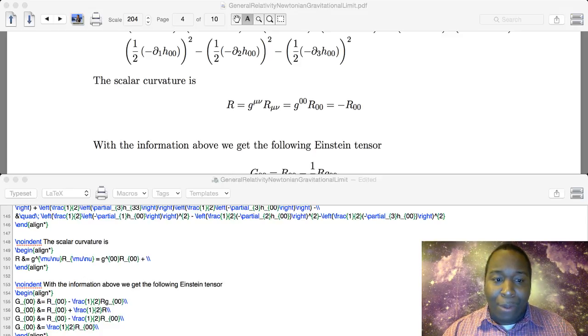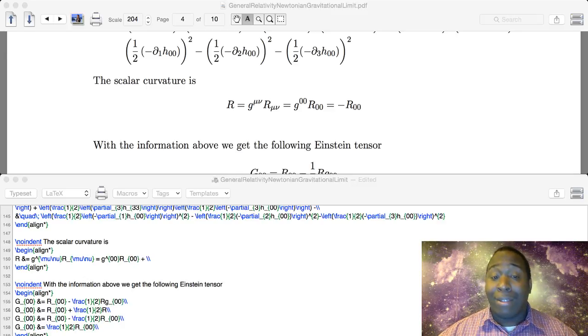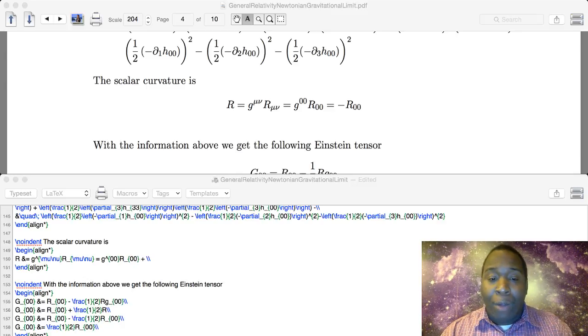And so we were nearing the end of the problem, and I ended up noticing that one thing looked off. And so as I went through the math again, I realized, oh man, I made a mistake with calculating the scalar curvature. I only considered the 0, 0 term of it, where I should consider all the non-zero terms of this particular variable.